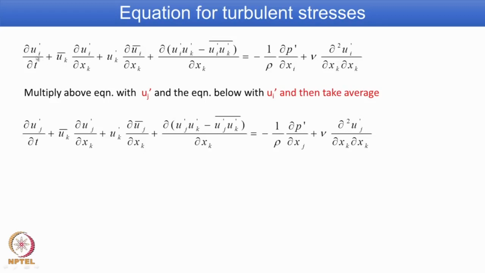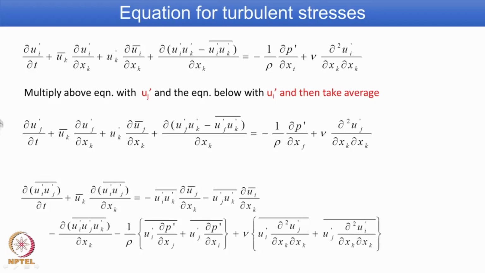We have ui prime here, first term for example in the first equation, and if I multiply that equation by uj prime, then I get an equation for ui prime uj prime. Similarly, in the second equation uj prime is there, I want ui prime uj prime, so I multiply that equation by ui prime. So, you do this operation, that is first equation is multiplied by uj prime, second equation is multiplied by ui prime, then take average, that will result in an equation as shown here.